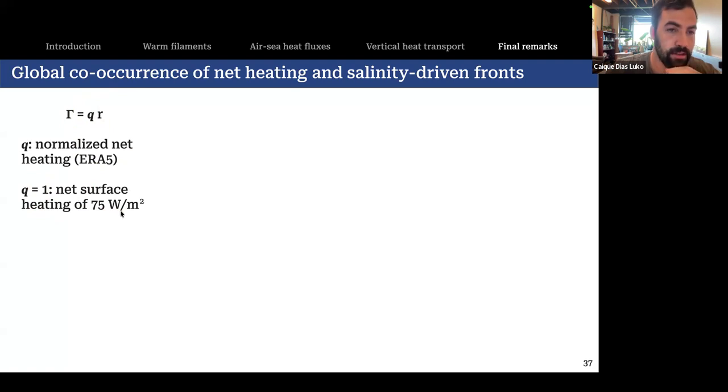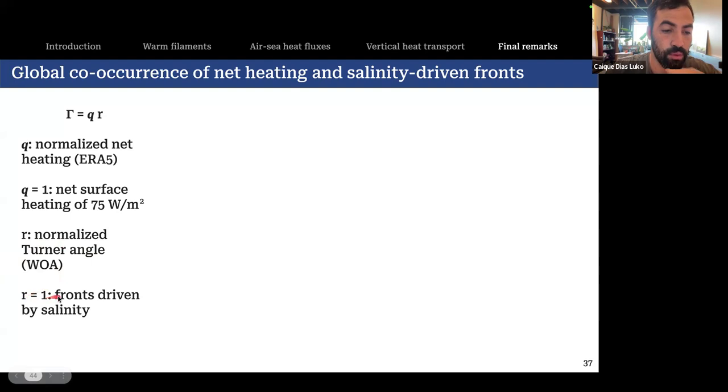And it's a product between Q and R. R is the normalized horizontal turn angle, which we compute from the World Ocean Atlas climatology. And when R is equal to 1, we have fronts driven by salinity. So when this product is closer to 1, it means that we have a co-occurrence of the two ingredients we need. And so we did that with the climatologies of this parameter.